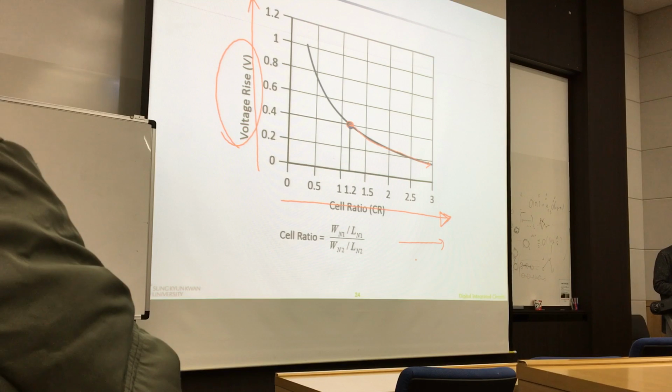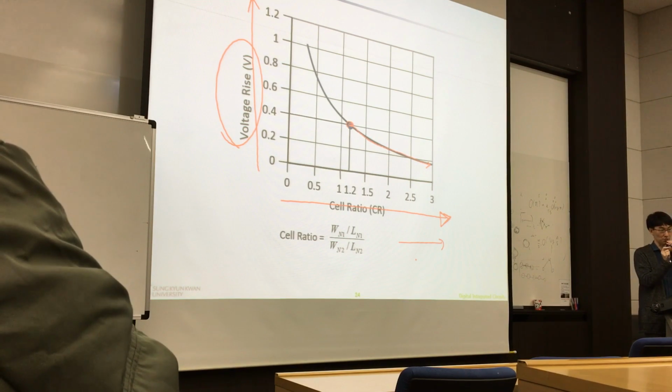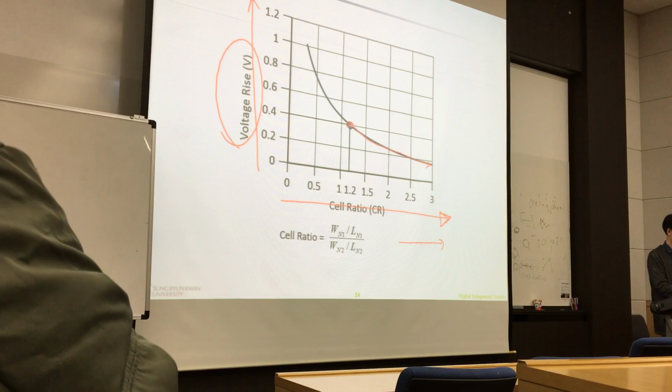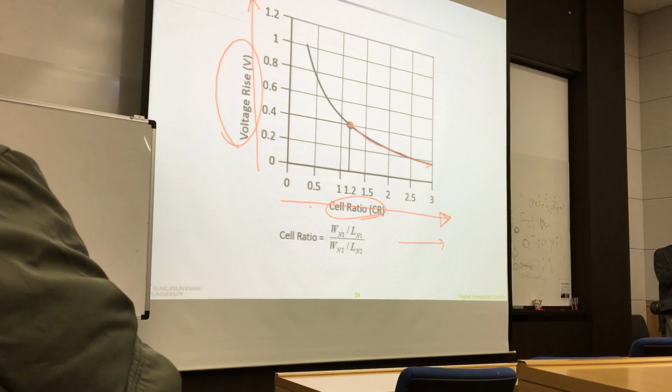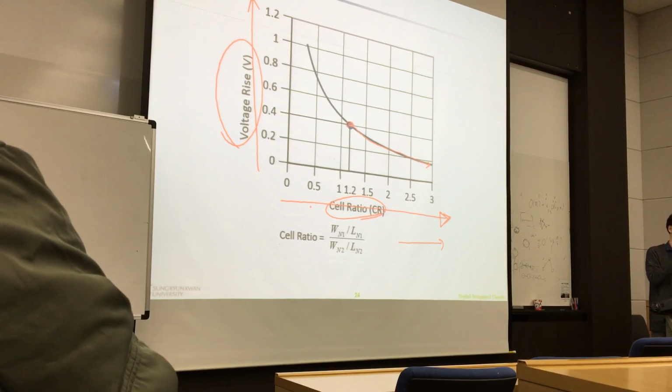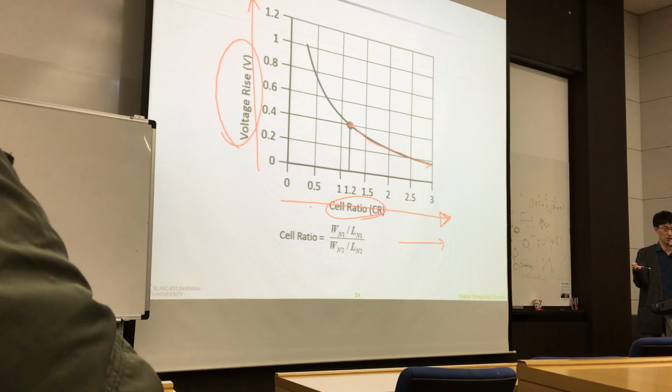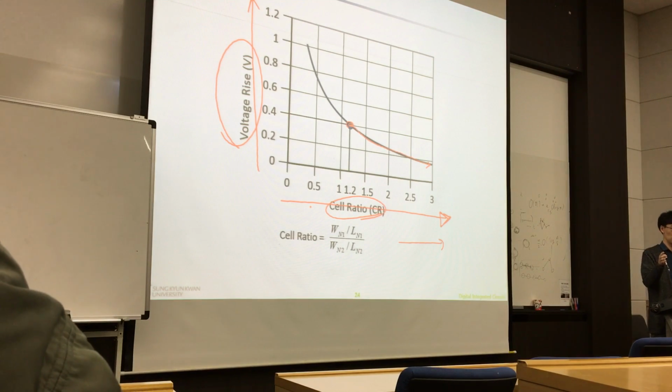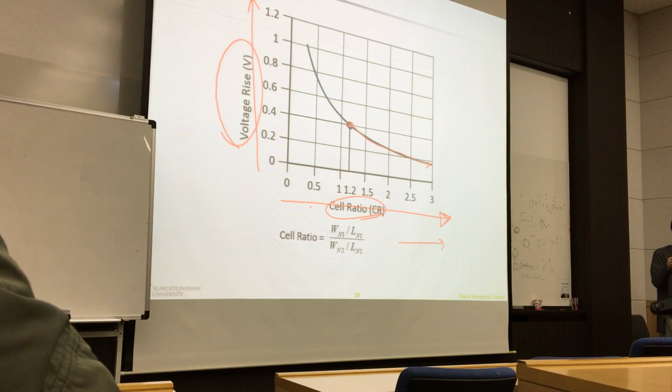The SRAM designers should find a reasonable ratio for these NMOS transistors. You don't want to go too wide for area minimization, but you don't want to stay around 1, because you want to make sure you can prevent this read upset. So there's that trade-off.